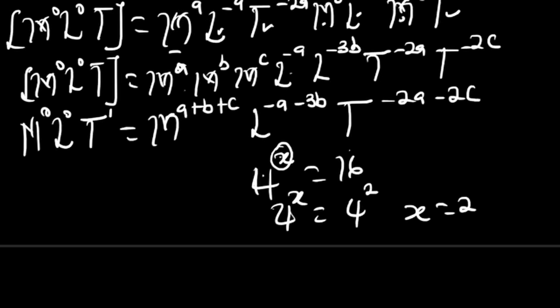Okay, so if the bases are the same on both sides, this is the left hand side and here we have the right hand side, as long as they are the same, what you have to do is to equate the powers. So this means that the value of x is equal to 2, and that means that if we put 2 in here, okay, we're going to get a what? A 16. So that is what it means.